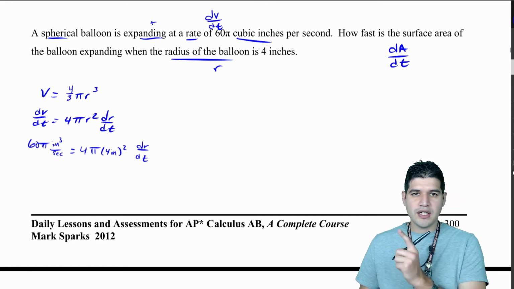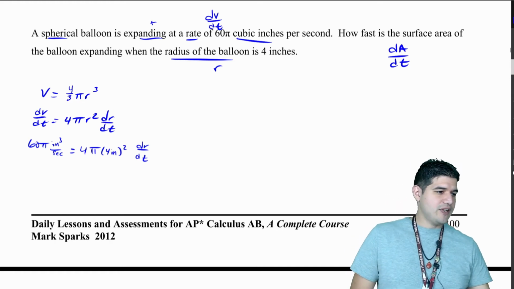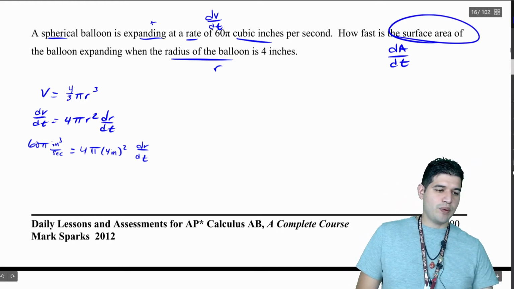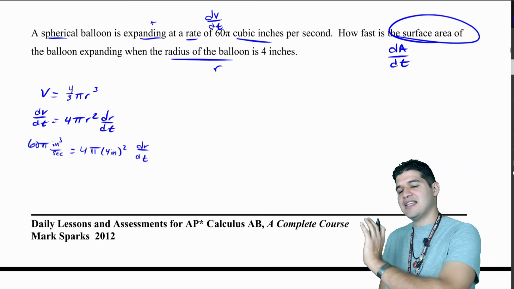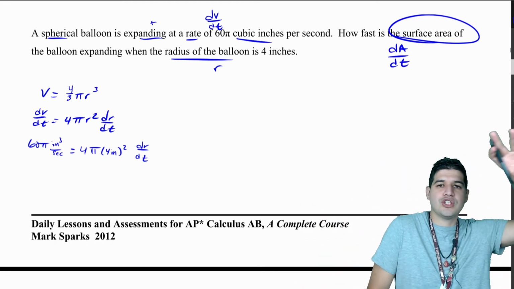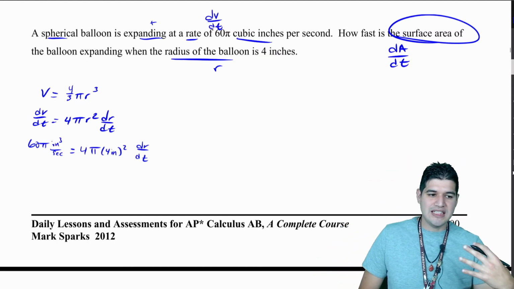Okay, so we have a variable we can solve here, and what I'm thinking is I'm going to use the surface area formula, and I'll be able to use the dr/dt that I get from this volume in that surface area derivative later. All right, so let's figure out what dr/dt is.